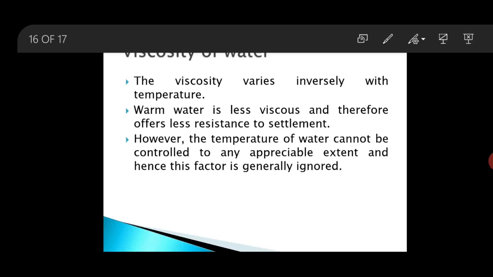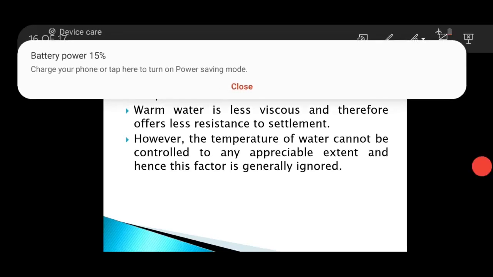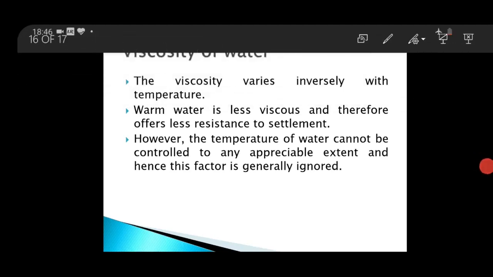Therefore, warm water is less viscous and will offer less resistance to settlement of particles. But it is not possible to control the temperature of water, and hence this factor is generally ignored.